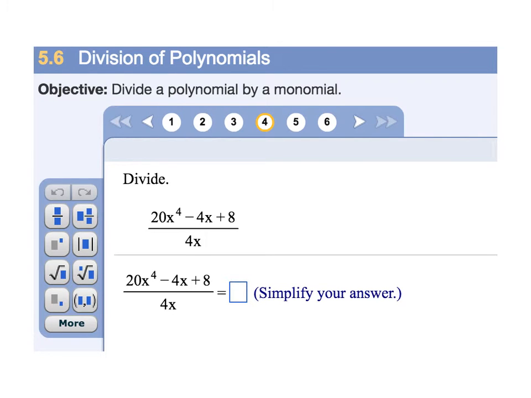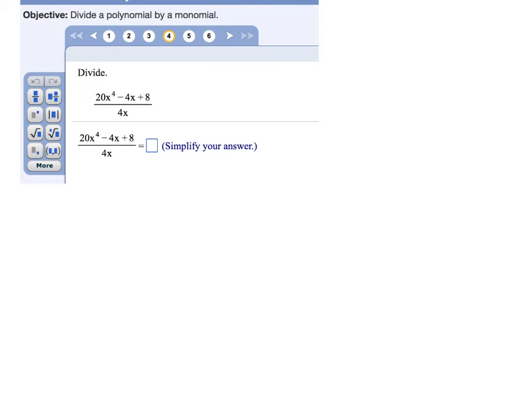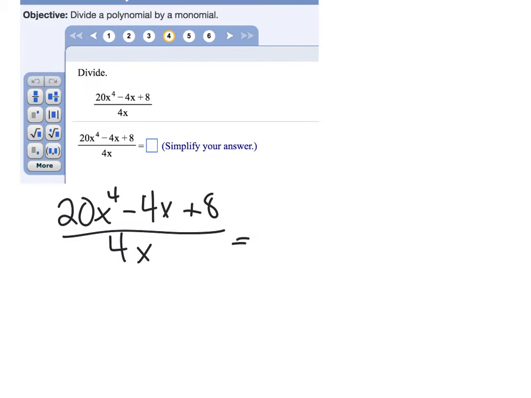So again, we can do the exact same concept up here. When you have a trinomial divided by a monomial, you can take that thing, so it's going to be 20x to the fourth minus 4x plus 8 all over 4x, and we can separate it into 3 separate problems.